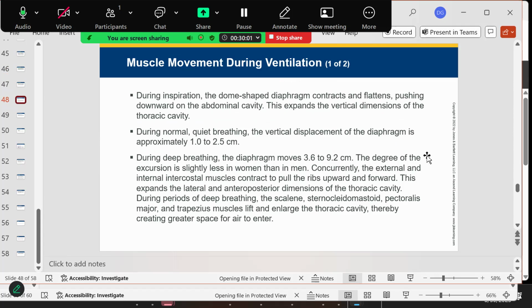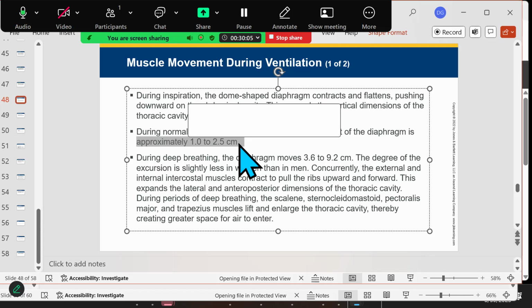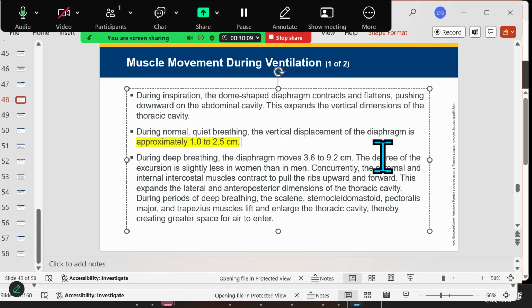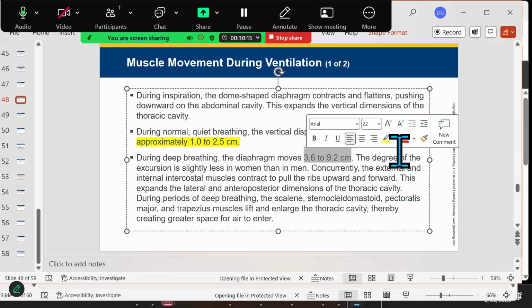So the diaphragm drops, and normally it only drops about 1 to 2.5 centimeters in order for us to breathe. During deep breathing, you can go 3.6 to 9.2, but that's only when we make a conscious effort to take a deep breath.